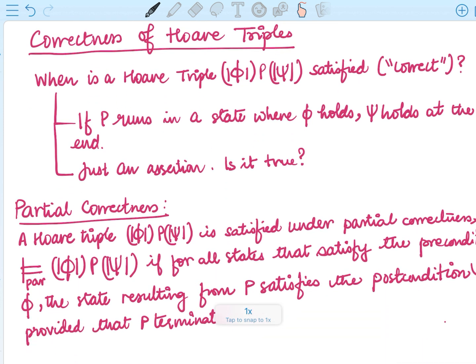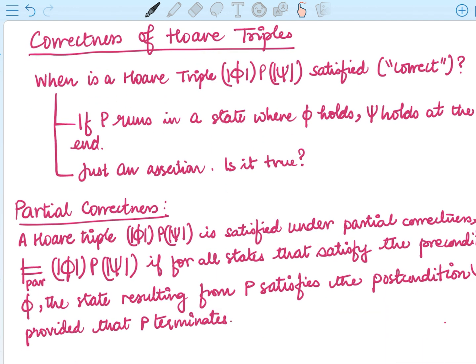Right? Okay. So the goal we had was the correctness of Hoare triples. We wanted to check if the program is correct. Now we will go in depth and understand what this correctness means and how Hoare triples help us in proving or knowing if the program is correct. When you have a Hoare triple, you already know by now, when is it satisfied or correct?